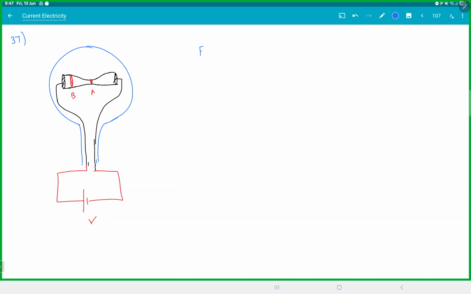The filament of a bulb is made of a wire of non-uniform cross section. Normally, this is what actually happens with bulbs.